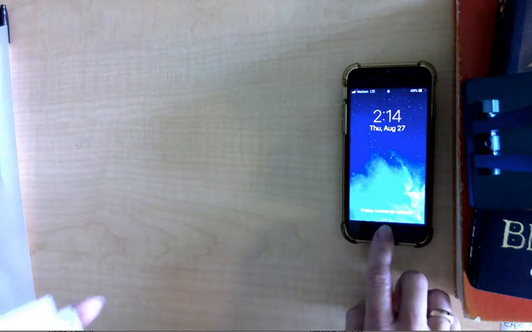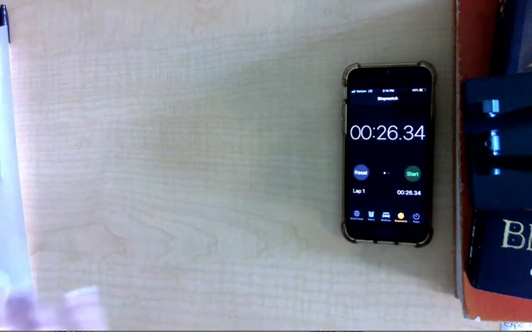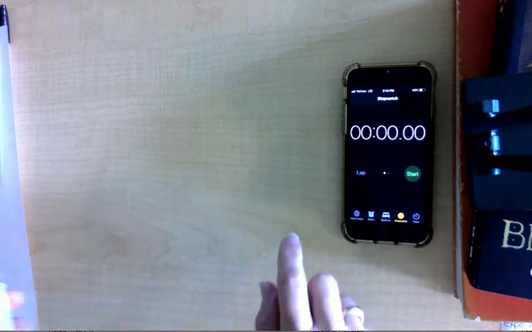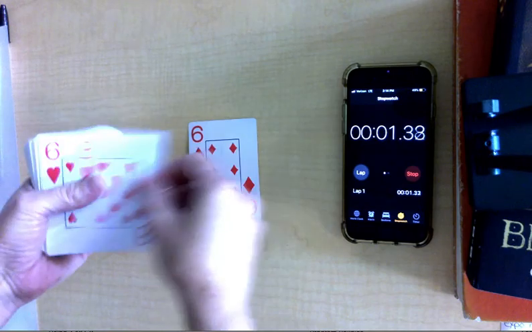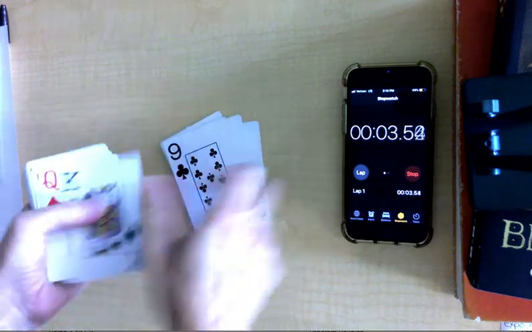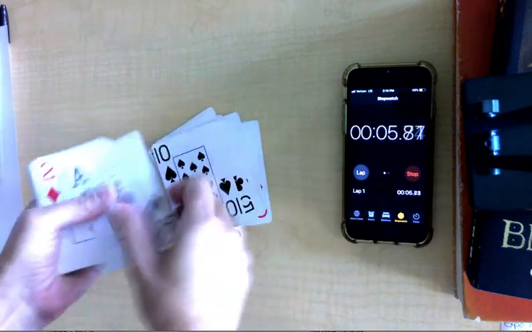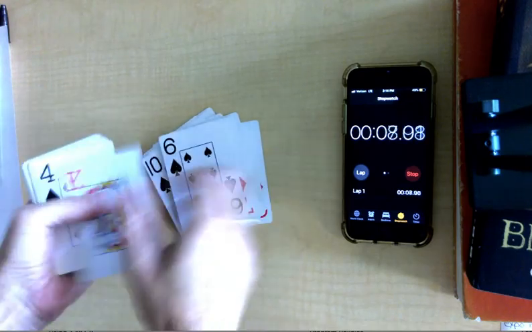And here we go. Oh, let me reset it. And start again. Here we go. One card at a time. Just putting it into one pile.